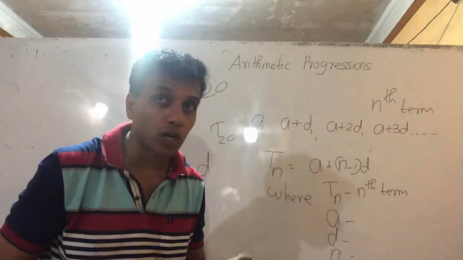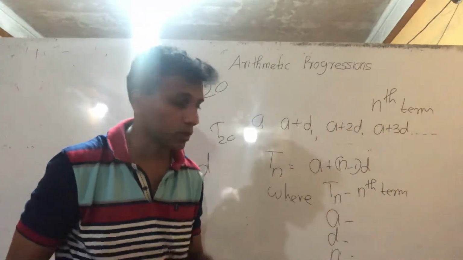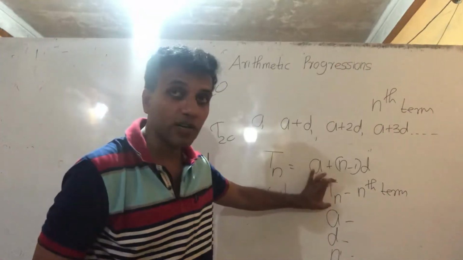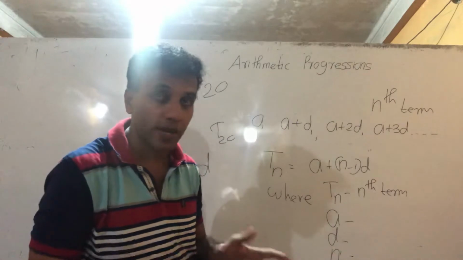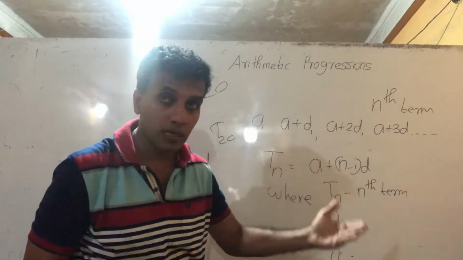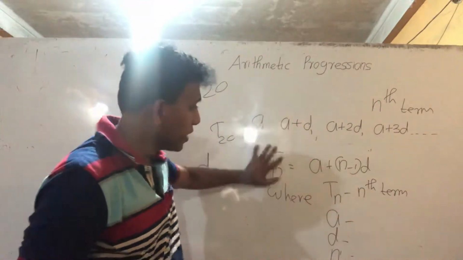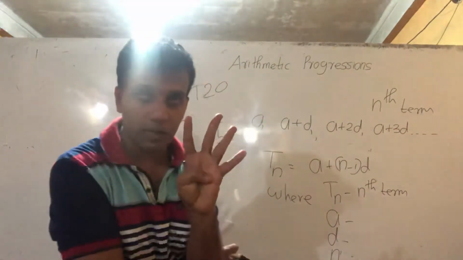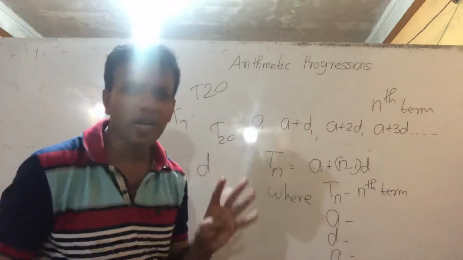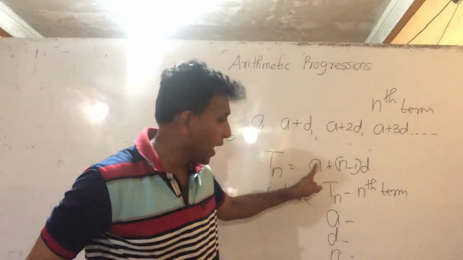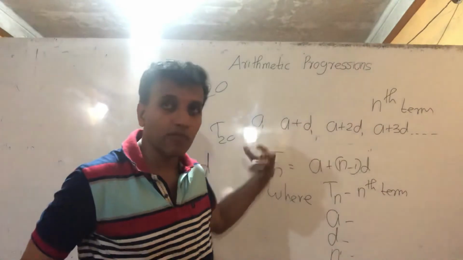Number of terms. Tn is different from n, don't confuse them. Tn is the nth term, n means number of terms. So in this formula 4 terms are available. In most questions they will provide you any 3 and ask for the 4th one.